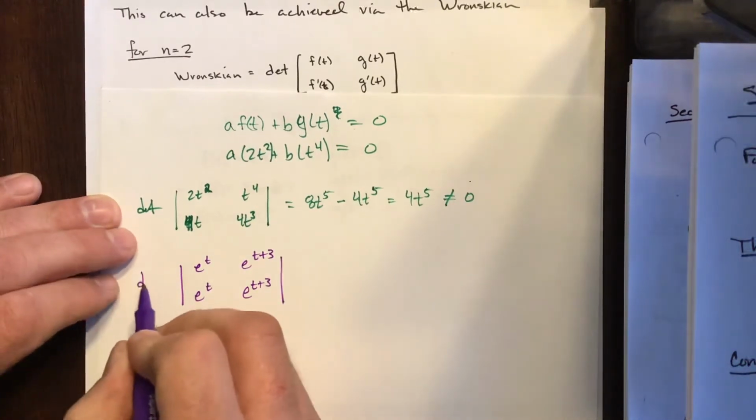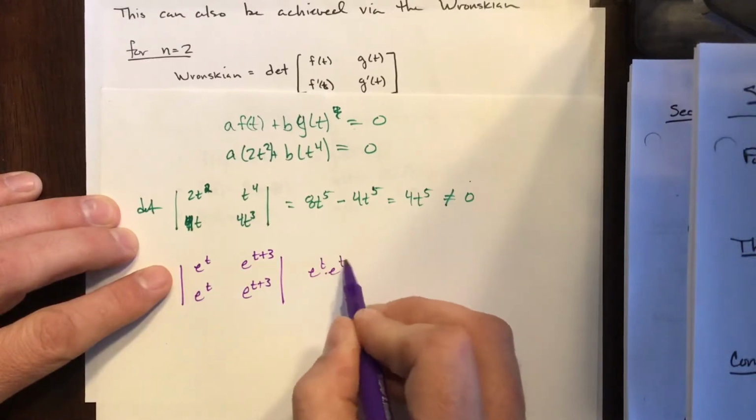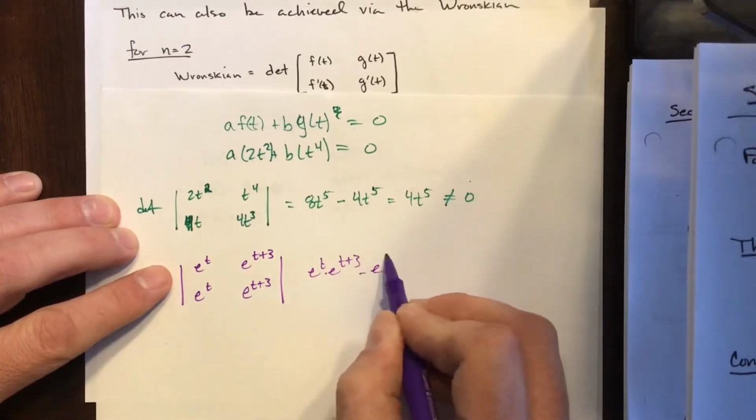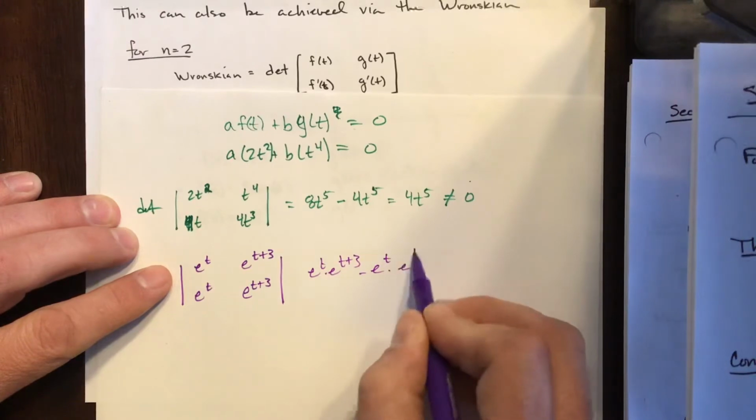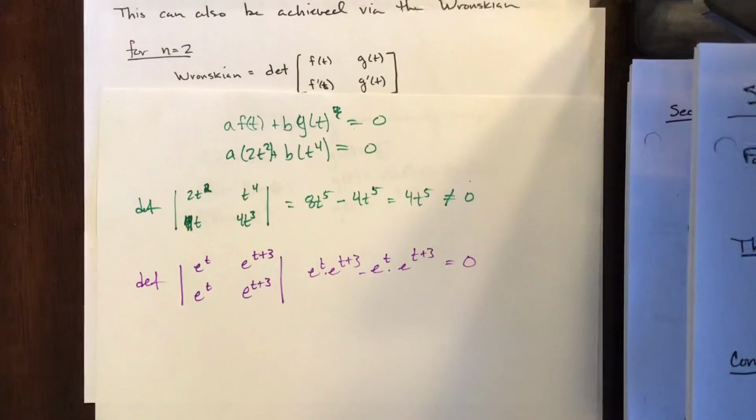So now we take the determinant of this, we get e to the t times e to the t plus 3 minus e to the t times e to the t plus 3, and that equals 0 for every value of t. Okay, so that's a clear linearly dependent pair of functions.